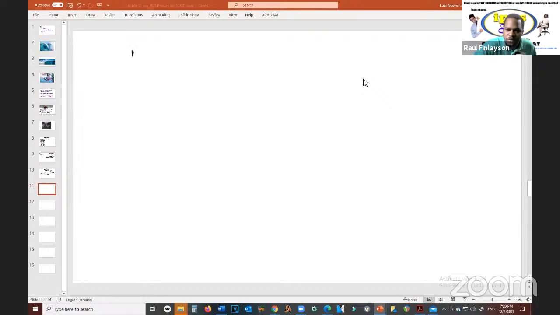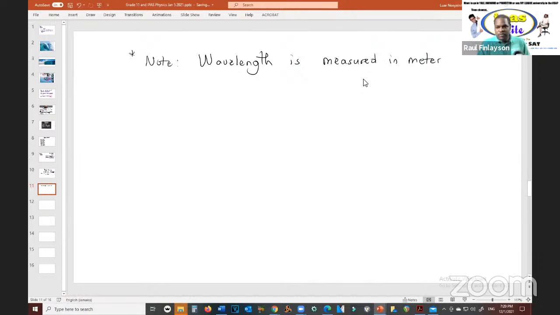Maybe I should point out to you that wavelength is measured in meters. Well, amplitude is also measured in meters too, but we don't usually measure the amplitude of a wave because most of the wave is not seen.